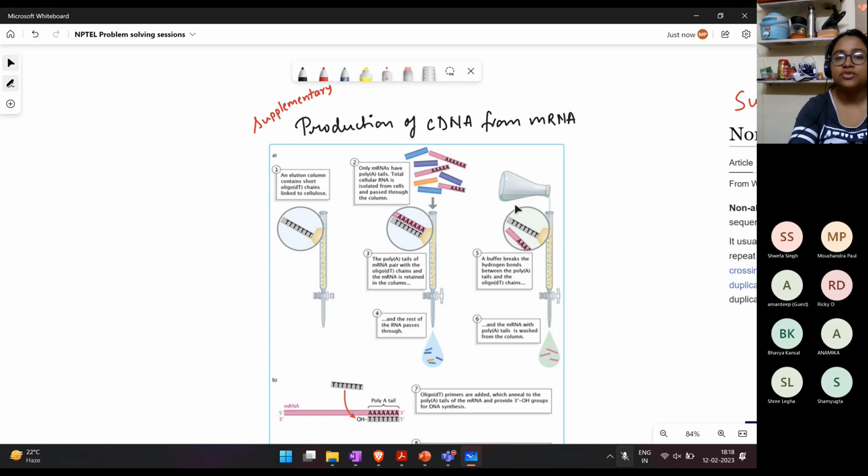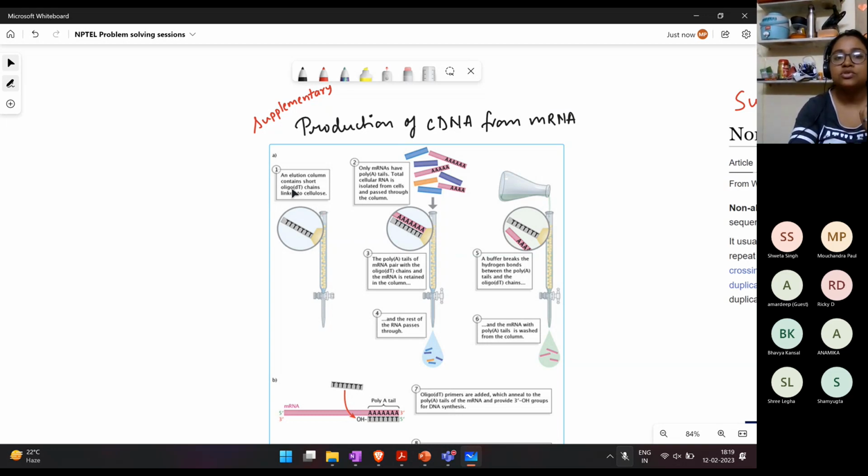So first you have to isolate all the RNA content, total RNA content from the cell, and load it into an elution column. Now, you know a unique property of mRNA is that they have a poly-A tail. Okay, so you have to use that for separating mRNA from other types of RNAs. So the elution column that you see here has cellulose beads.